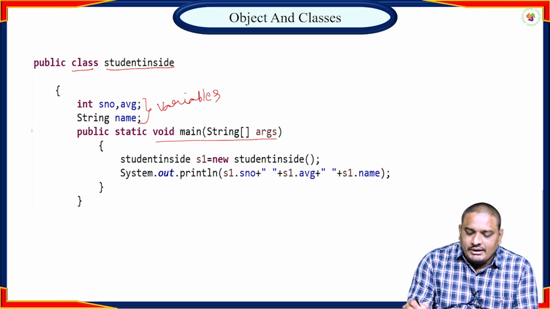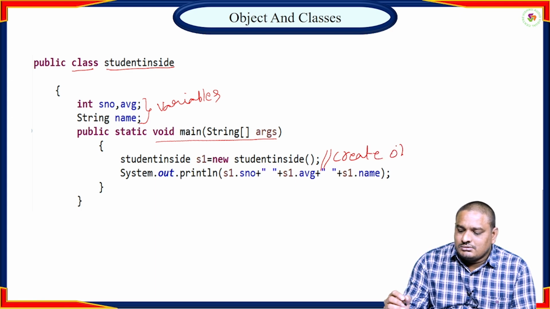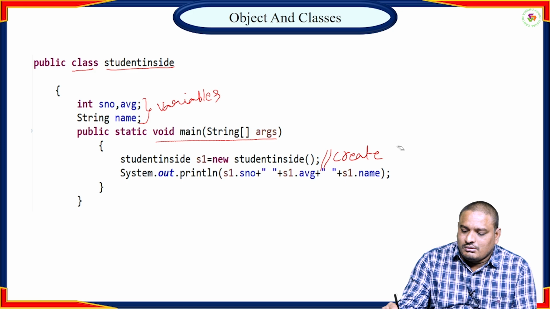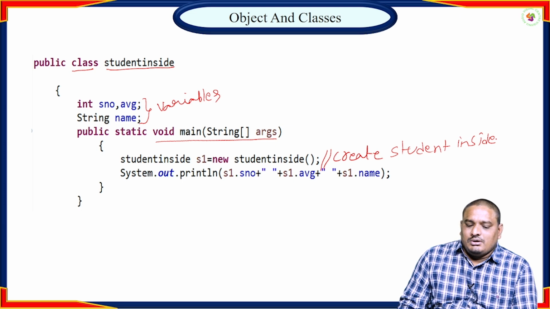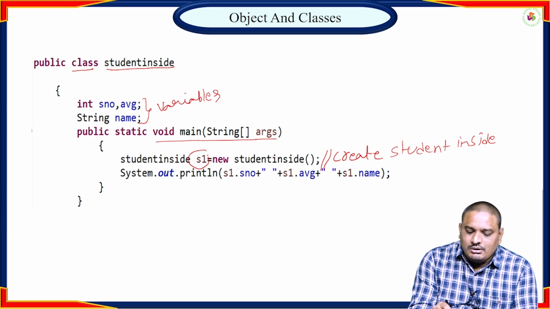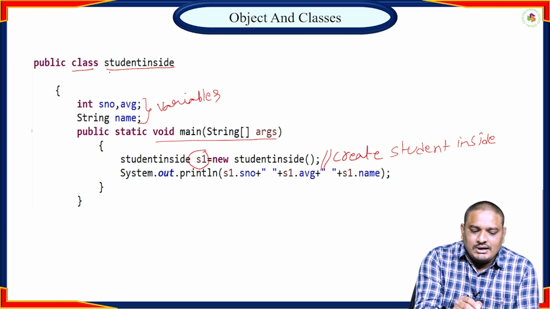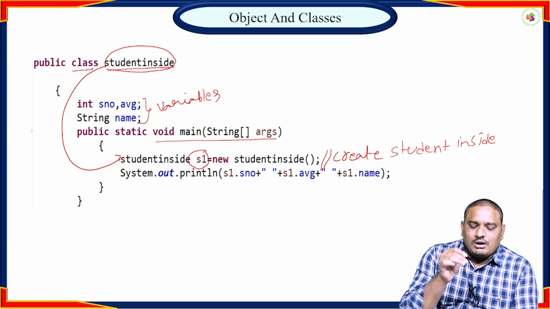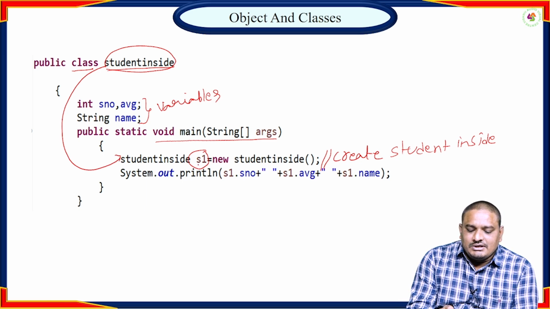In that we are creating a StudentInside object. Here the object name is S1. The class name must be mentioned with the object creation. Here StudentInside is the class and S1 is the object.